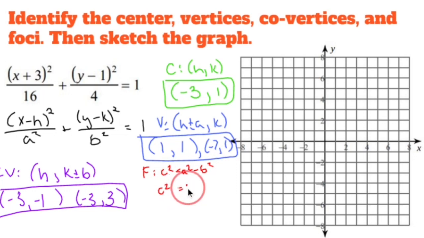So c squared equals 16 minus b squared, which is 4. 16 minus 4 is 12. And the square root of 12 is going to be somewhere along the lines of 3.5. My focus is going to be h plus or minus c and k.